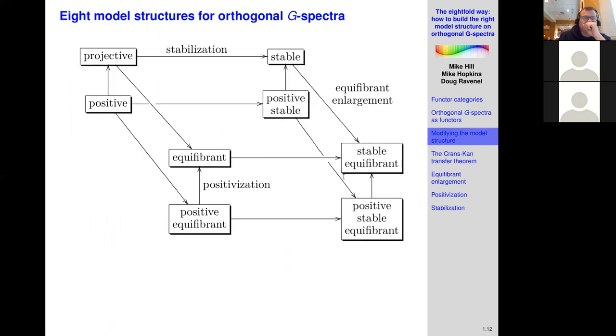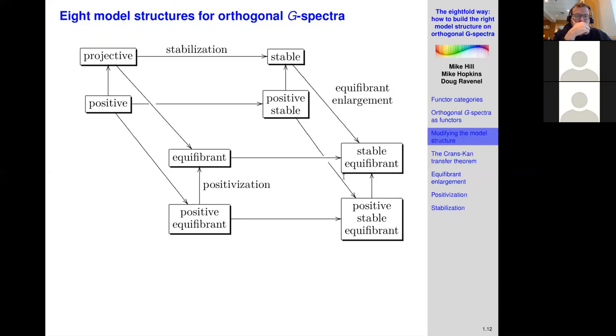Okay, now, if you're going to remember one slide from this talk, this is the one you should remember. This shows 8 different model structures. In the upper left-hand corner, we have the projective model structure that I described earlier. It can be stabilized to give us the stable model structure, and it can be positivized to give us the positive model structure, and so on.